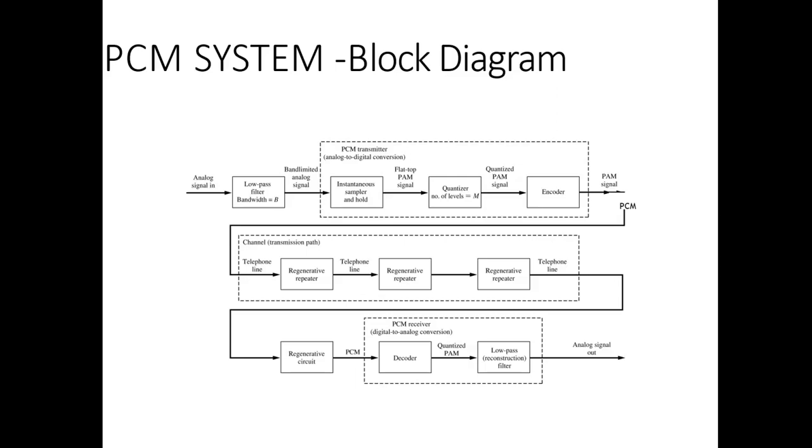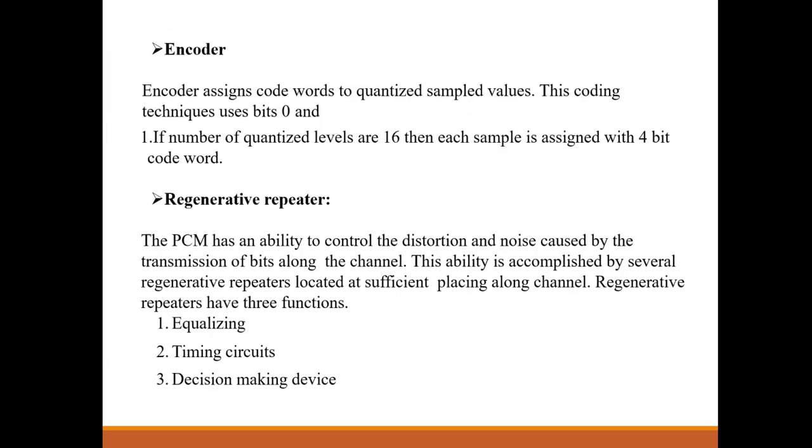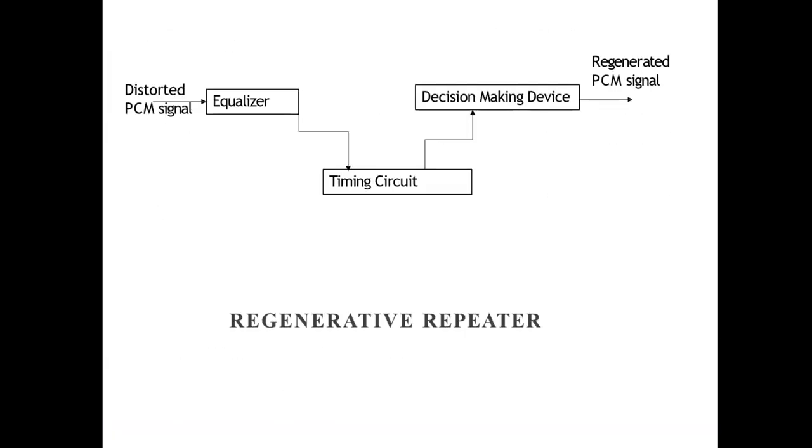Regenerative repeaters are used for removing noise, distortion and interference. The regenerative repeaters are located at equal distances along the transmission medium to avoid distortion and noise and improve the signal to noise ratio. This is the regenerative repeater circuit diagram.